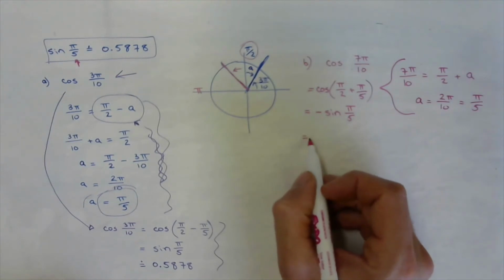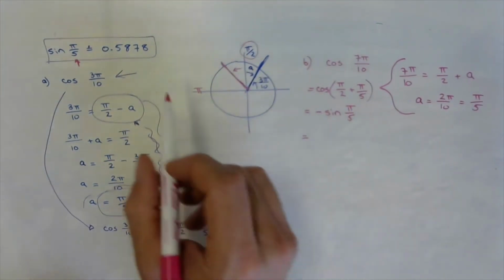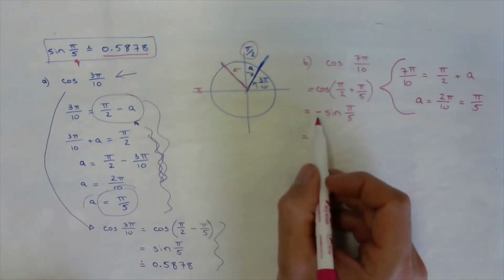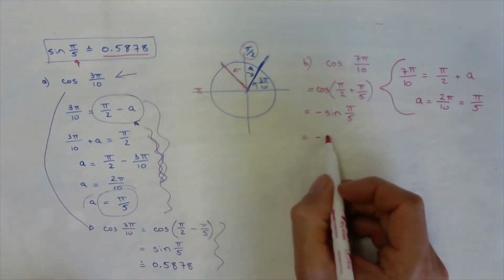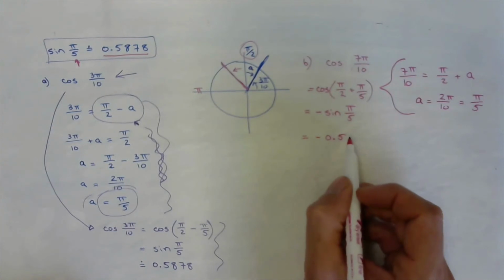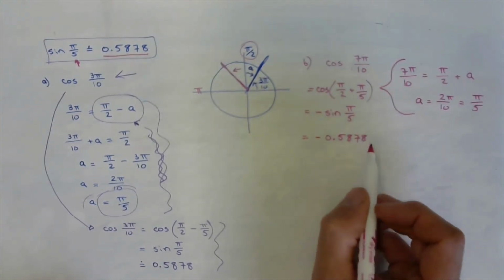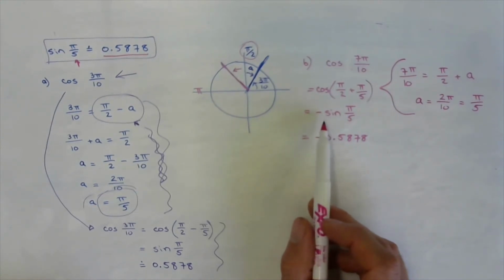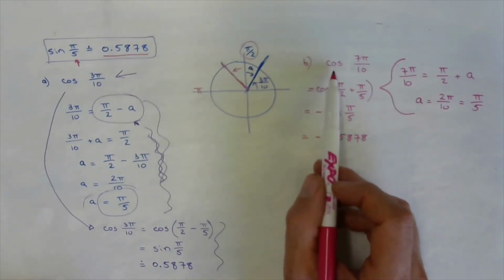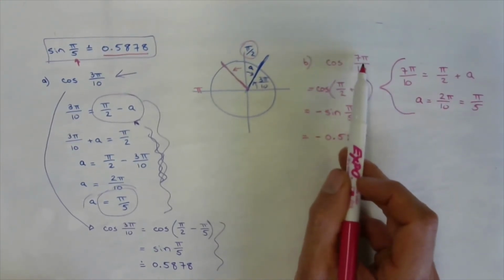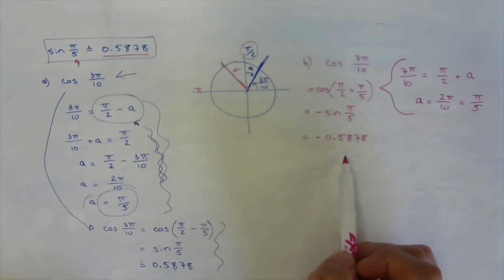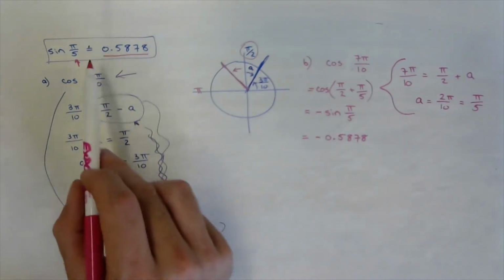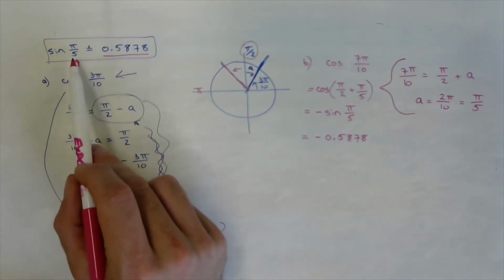And we know the approximate value of the sine of pi over 5. It's right there. This time we're just going to have a negative out in front: negative 0.5878. Okay, this is the cosine ratio for the angle 7 pi over 10. We found its approximate value without a calculator just by using correlated angles, and we were given one of the angle measurements.